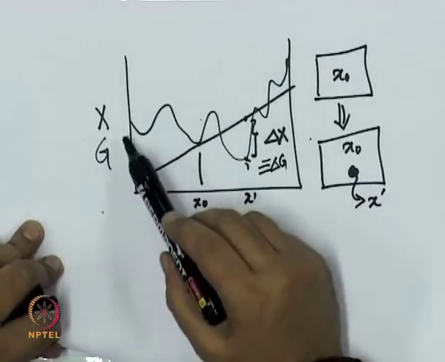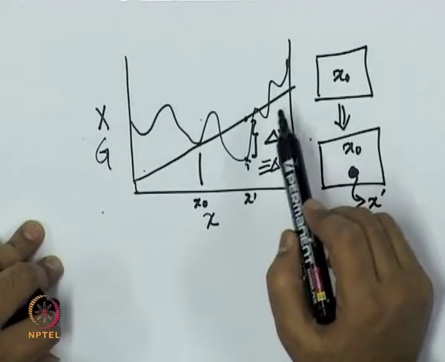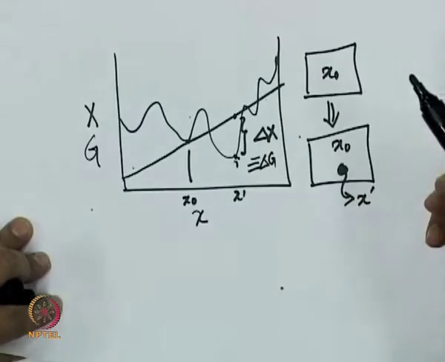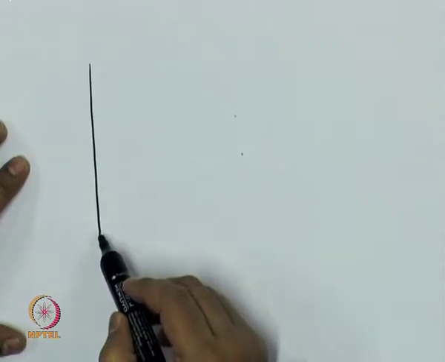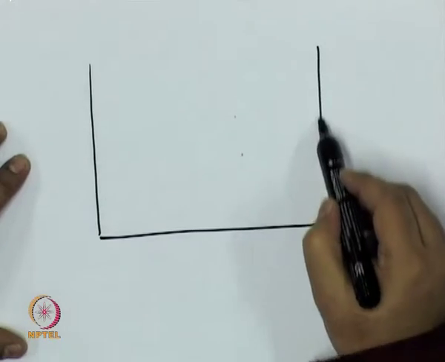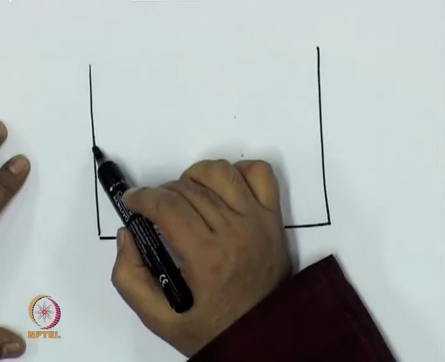But we know that actual free energy versus composition curves do not look like this, right. I took a generic curve and tried to do this derivation. So, let me take a proper free energy versus composition curve.